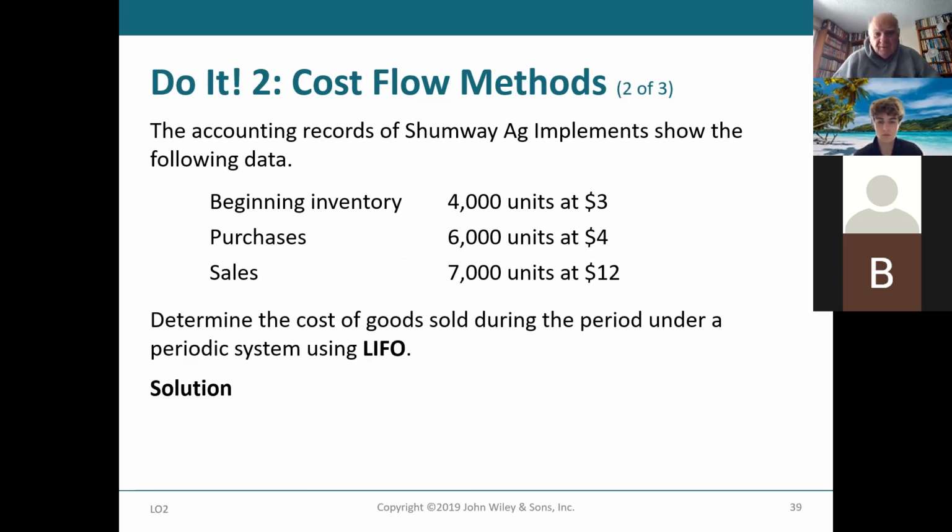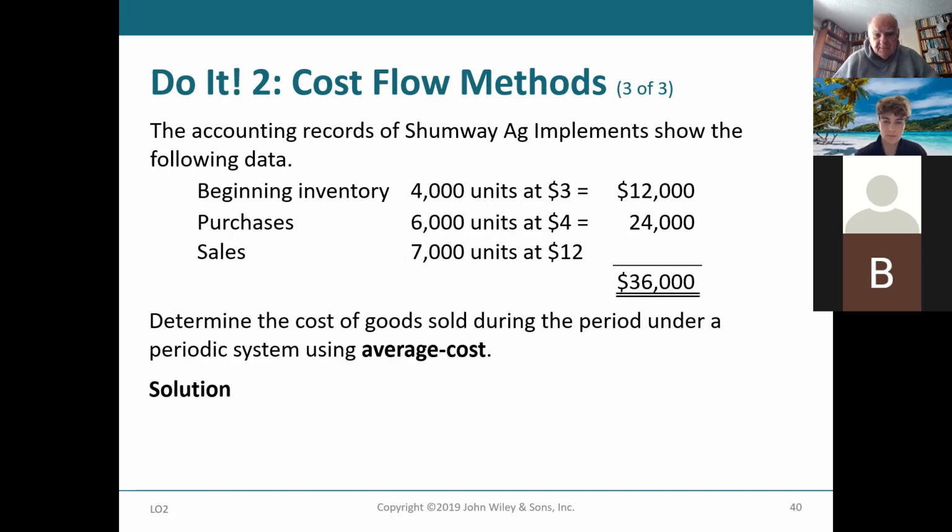What about LIFO? If this was LIFO, you're going to see 6,000 sold at 4 and 1,000 sold at 3, okay? Average cost: $36,000 is the total cost.